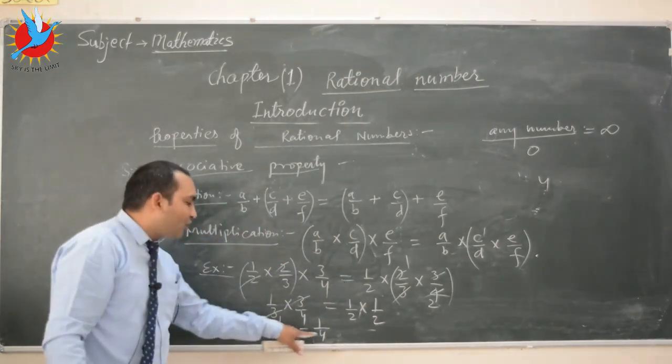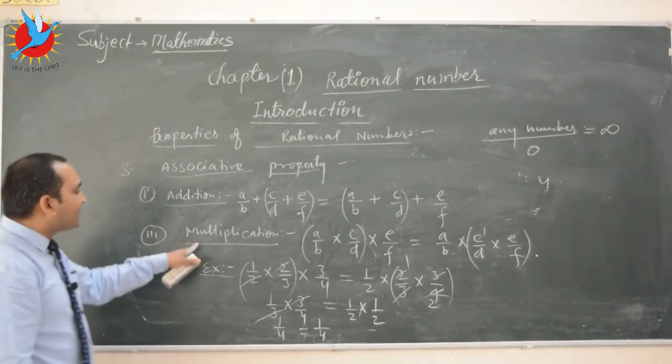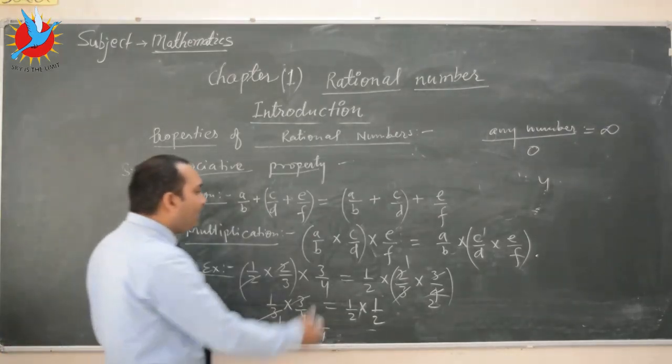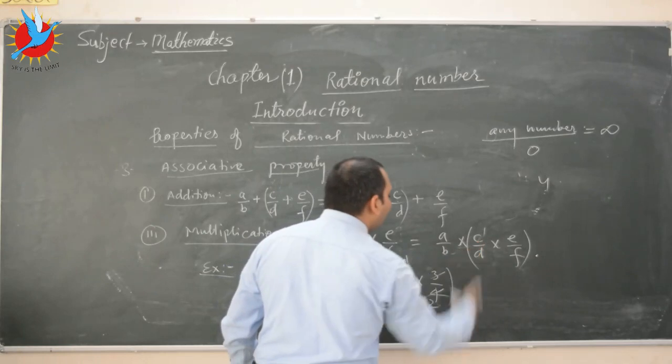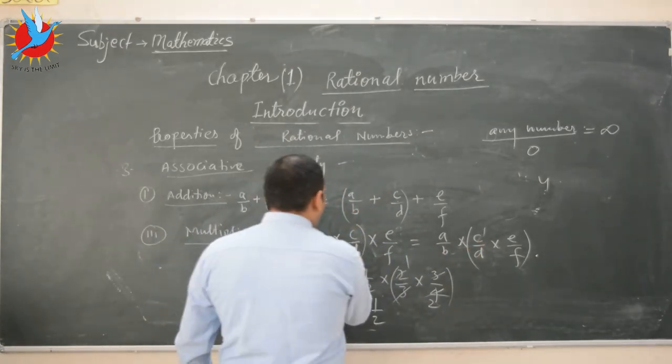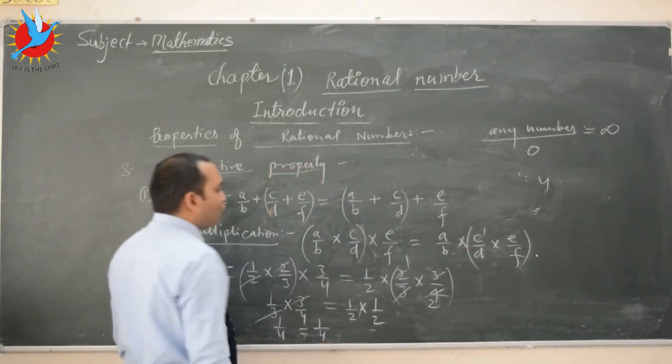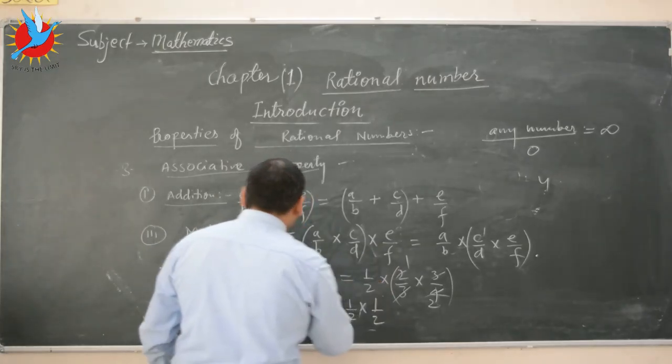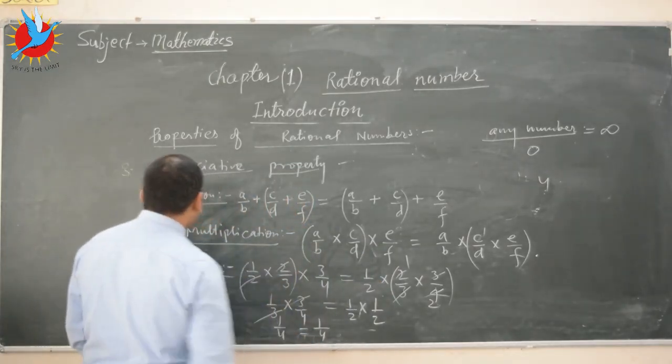So 1 upon 4 is equal to 1 upon 4. It means in case of multiplication, if we change the order of the groups, the result will be the same.